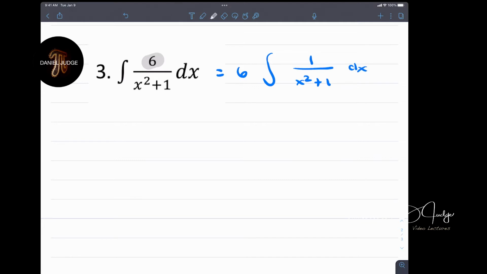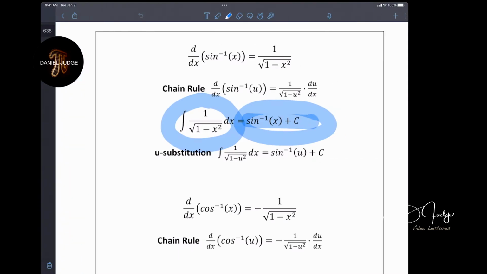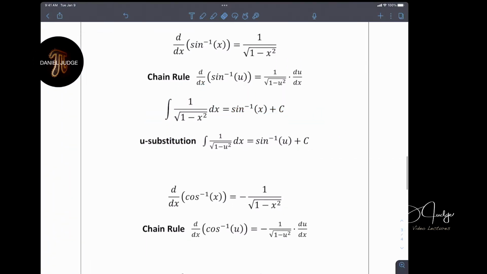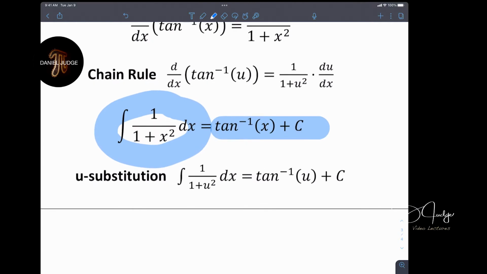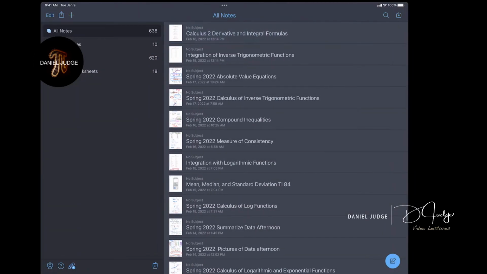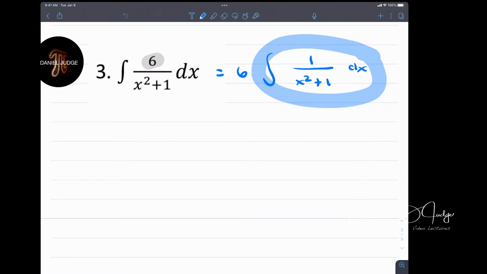So now we have to look for the formula for the integral of 1 over x squared plus 1. So going back to this formula, it's right here. If we ever see this integral, it's inverse tangent x plus c. Okay, so we get to replace that with inverse tangent x plus c.